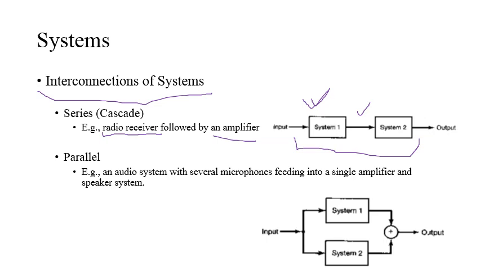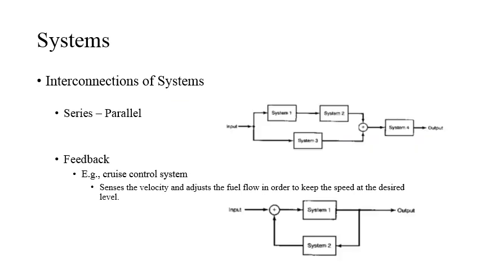I will not go into details here. Another connection is series parallel, like this one. You see these two systems are in series, whereas this one is in parallel with this one. Again, the output of this goes to another system which is in series.